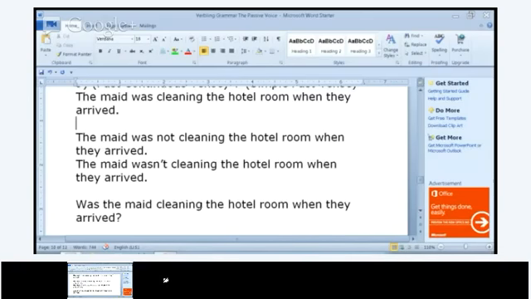And so let's eliminate the maid and put the focus on the hotel room. So the hotel room was being cleaned when they arrived. Excellent. The room was being cleaned when they arrived. The room wasn't being cleaned. Excellent. The hotel room was cleaned when they arrived. That might have a little different meaning.